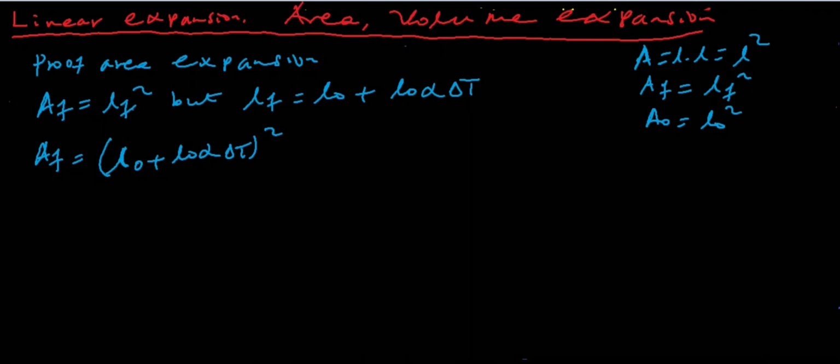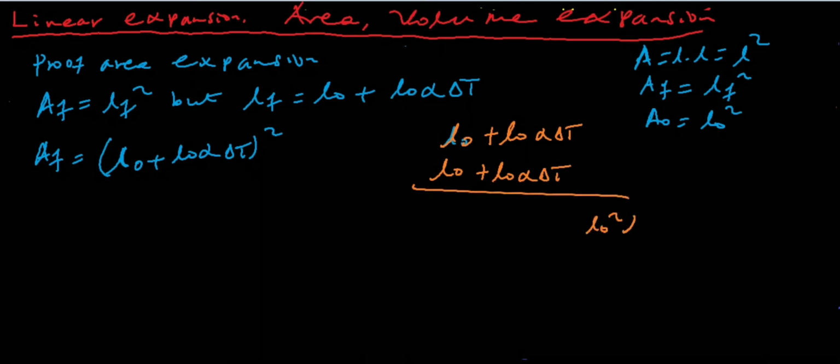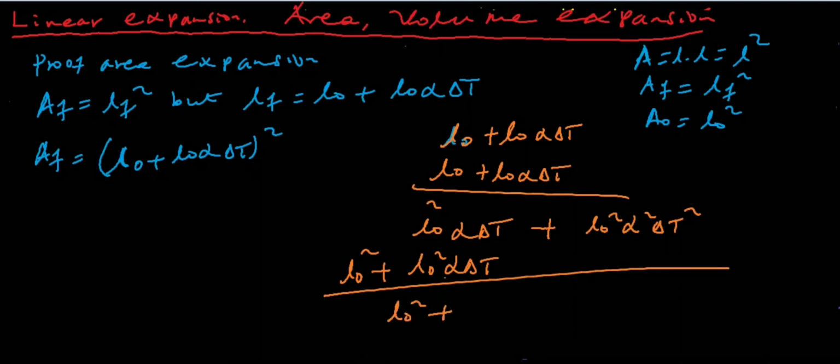Multiplying out, we get L naught square plus 2 L naught square alpha change in temperature plus L naught square alpha square change in temperature square.